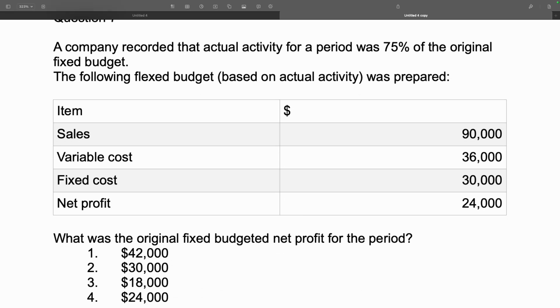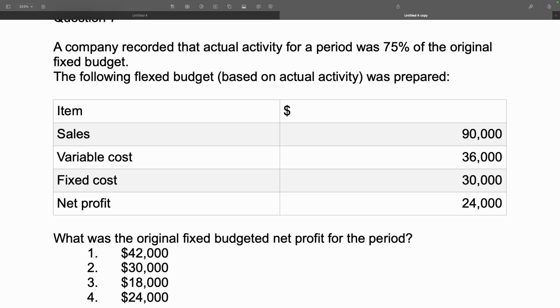Right, let's have a look at this part. A company recorded actual activity for a period of 75% of the original fixed budget. The following flex budget based on the actual activity has been prepared. What is the original fixed budget net profit?